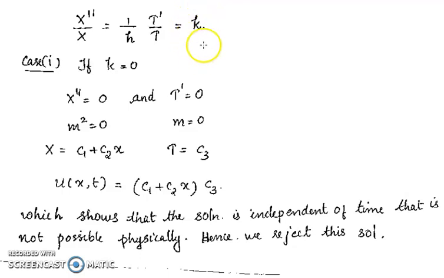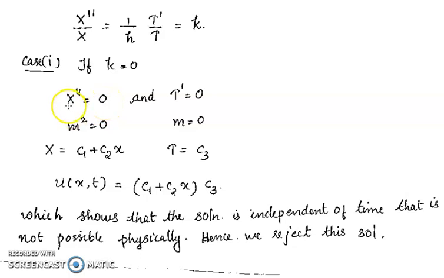Now we have to consider the three possibilities of this constant k, that is 0, positive and negative. First we consider case 1, k equal to 0. Thus we have X''/X equals (1/h) T'/T equals 0. Then we have to find capital X and T. First we consider X''/X equal to 0, that is, on cross multiplying, X'' equal to 0, and X'' is d²X/dx² equal to 0.